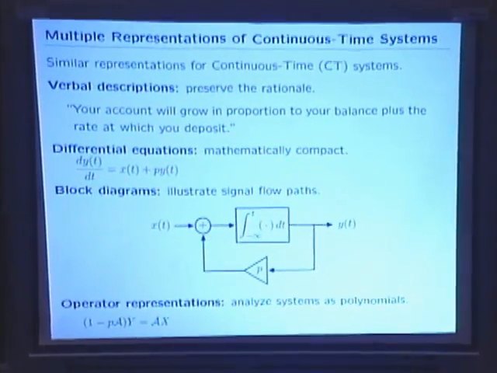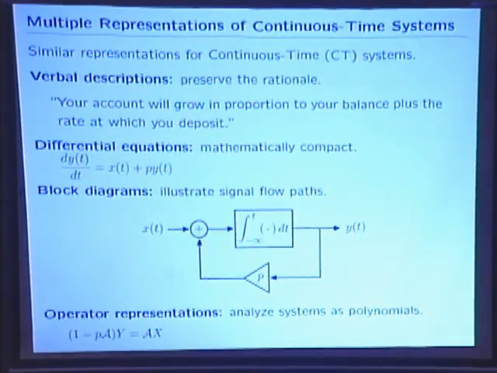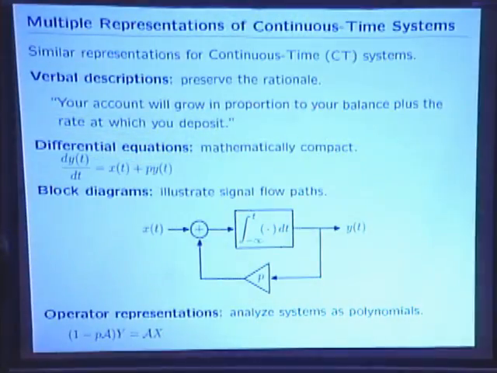What we'll see today is that that same kind of strategy works precisely, the strategy, not the answers. The same strategy works precisely for CT. We'll have a concise, precise representation in terms of differential equations, which I'm sure you already know all about. But we will also develop the notion of a block diagram so you can visualize signal flow paths.